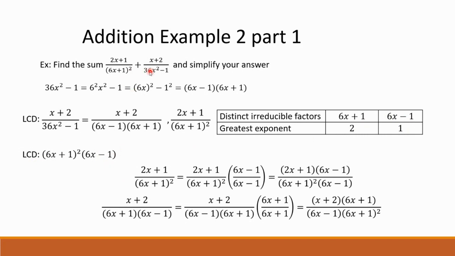Now these denominators, right, neither of those equal the LCD, so we're going to have to manipulate both of these. As you can see, we have 2x plus 1 over 6x plus 1 squared, right? That's the first rational expression. What are we missing here? Well, it looks like we're missing 6 times x minus 1. So we want to multiply the bottom by that.